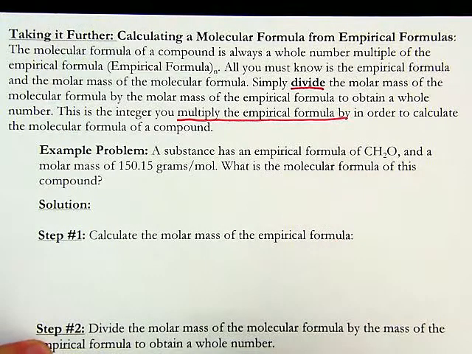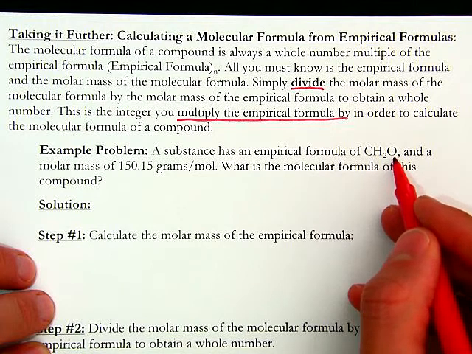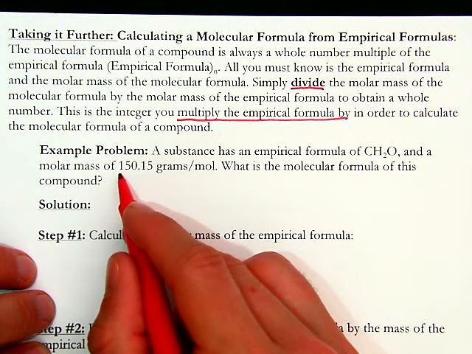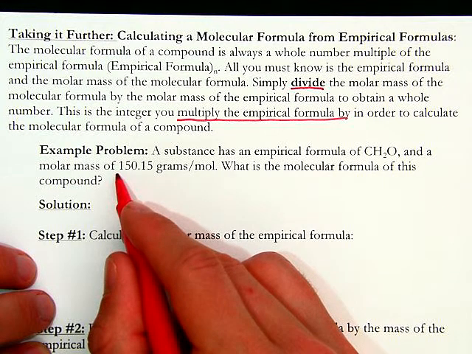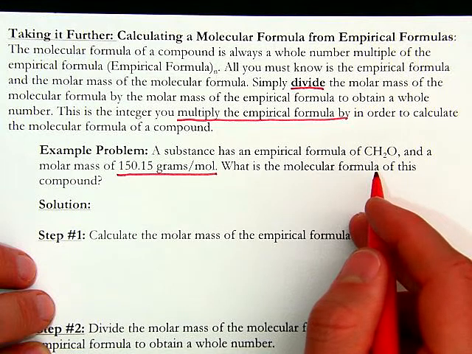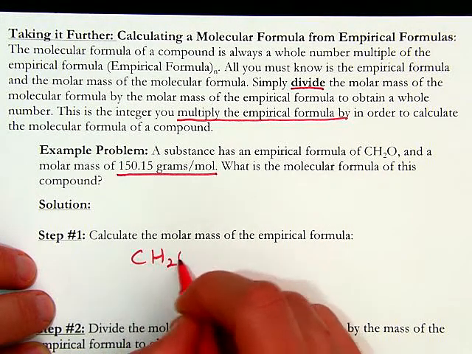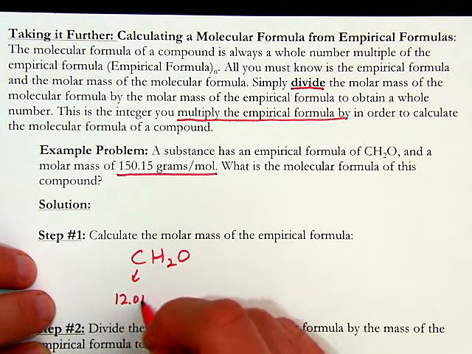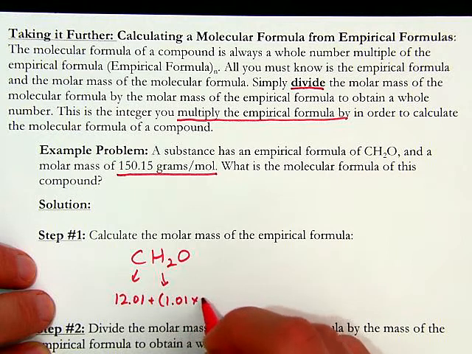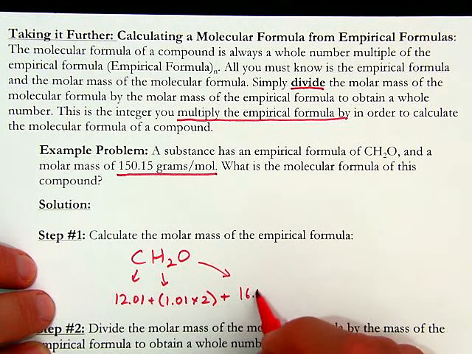So I think just doing examples is the easiest thing. It says, a substance has an empirical formula of CH2O. The molar mass, right, this is the molar mass of the molecular formula, is 150.15 grams per mole. What is the molecular formula? So, the molar mass of the empirical formula, CH2O, carbon is 12.01, hydrogen is 1.01, and we have 2 of them, and oxygen is 16.